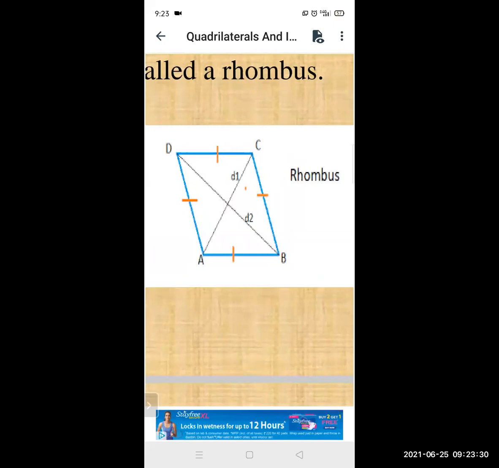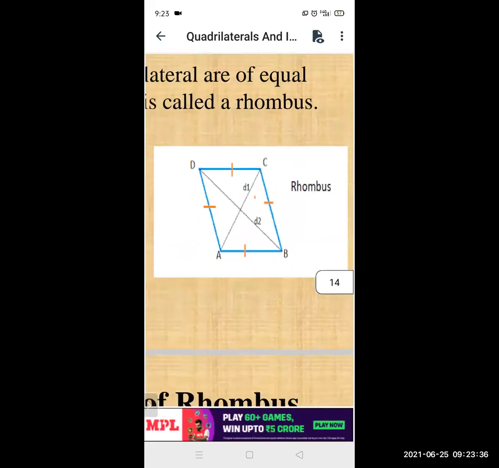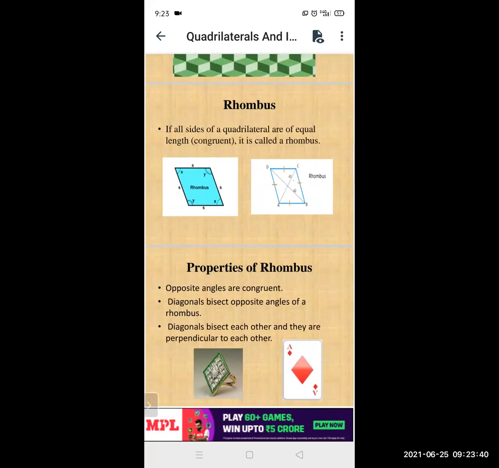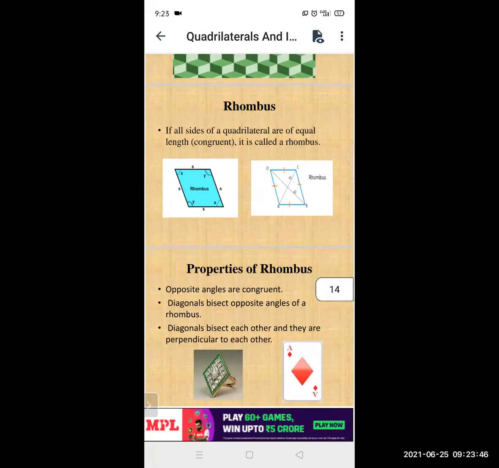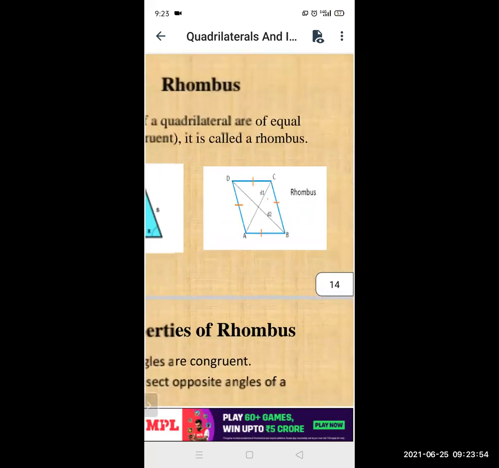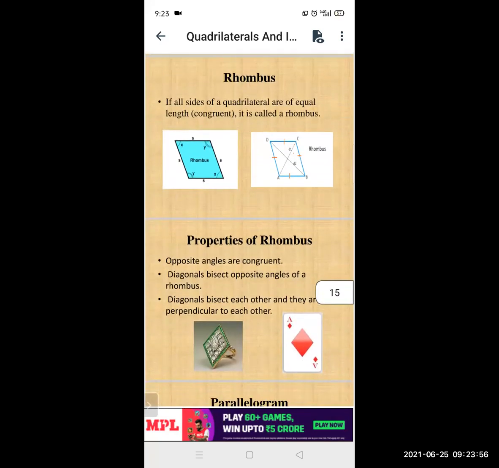They bisect each other, meaning they divide the rhombus into two equal parts, and the opposite angles are also divided into two equal parts. Whatever angle is formed at A, diagonal AC divides it into two equal parts. This is the property of a rhombus.